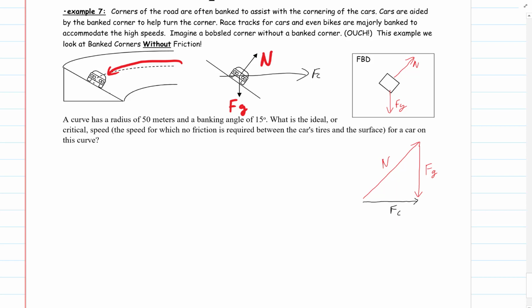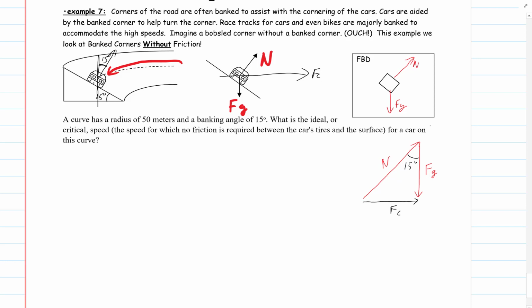That will be 15 degrees, and that will be the angle between the normal force and the force of gravity as well. So this is 15 degrees. What is the ideal or critical speed for this corner?